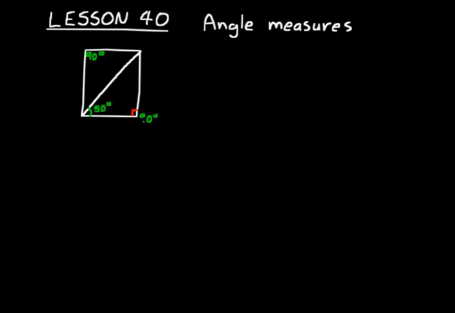So that means the angle on the other side would have to equal 40 degrees, right? Because they have to total up to 90. Both of those angles together would equal that corner on the left side of 90 degrees. Likewise, up here at the top, this angle would be 50, and then the other one would be 40.